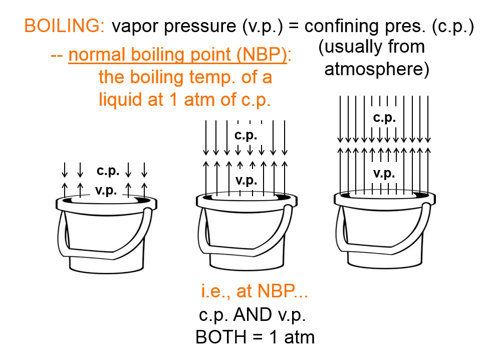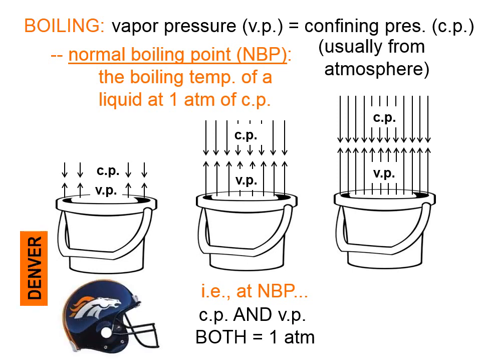If the middle diagram represents both confining pressure and vapor pressure equaling 1 atmosphere, the diagram on the left shows some situation where both the confining pressure and the vapor pressure are less than 1 atmosphere. This is the situation we would have at high altitude regions, like Denver. On the right, we see that the confining pressure is larger than the normal confining pressure.